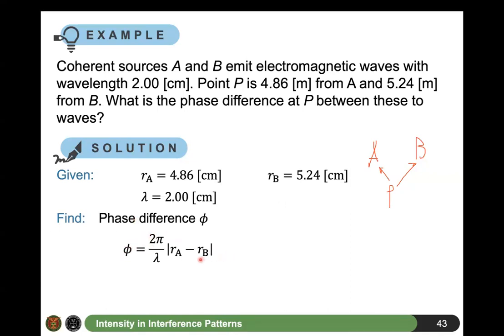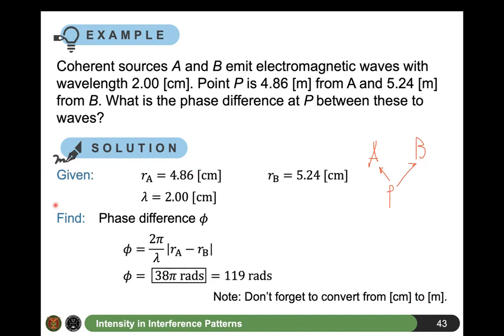So, we just use yung equation natin, 2 pi over lambda. Yung lambda is yung 2 centimeters, yung wavelength ng EM wave. And then, R1 minus R2. Since absolute value naman yan, pwede rin RB minus RA. Okay? So, given na yon, plug in our values, we get this, 38 pi radians.